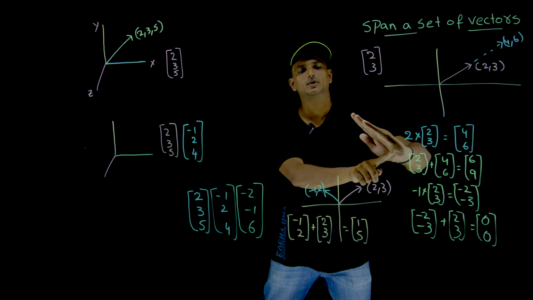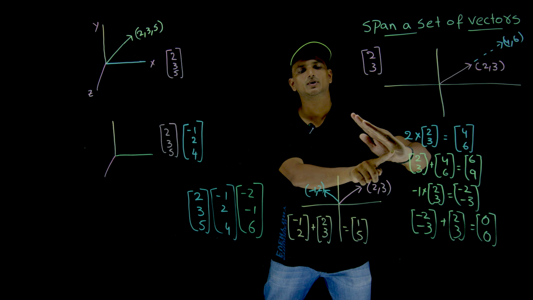So spanning here means spanning a set of vectors. The set of vectors provided here is only a single vector. You are provided with a single vector. So what is this vector going to span? Suppose you multiply this vector with a scalar, 2 multiplied by 2, 3.